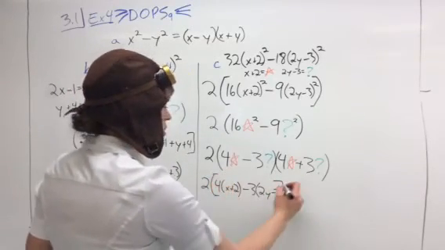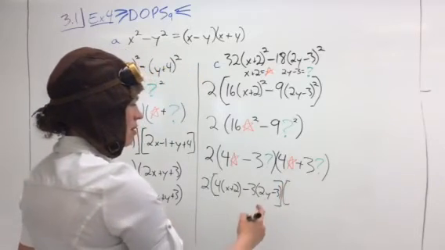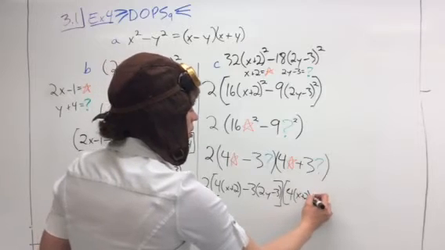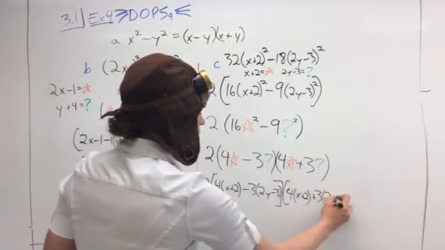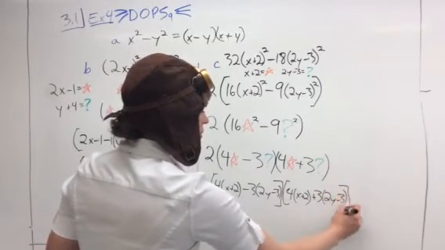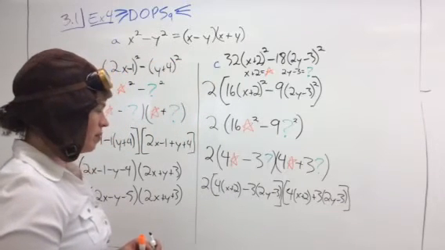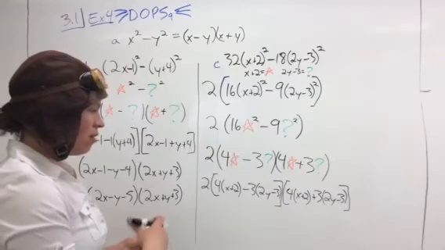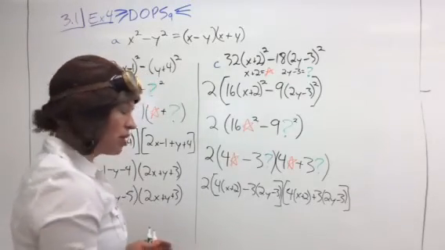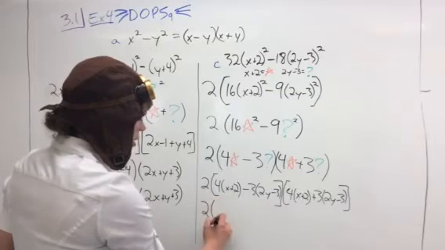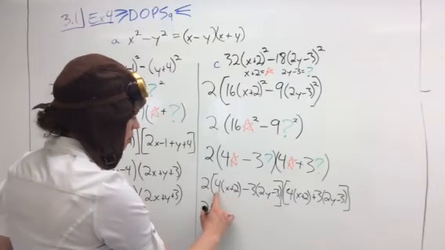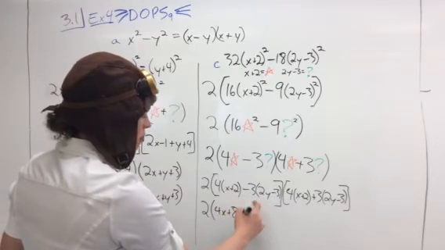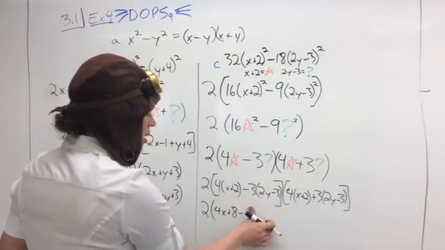And this next set of brackets is going to be 4 times x plus 2 plus 3 times 2y minus 3, like that. So now I'm going to multiply through all of the brackets inside the big square brackets. 4 times x plus 2, so 4x, 4 and 2 is 8, minus 3, so that's a negative 3.